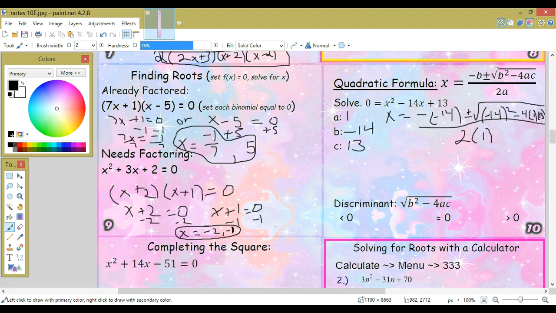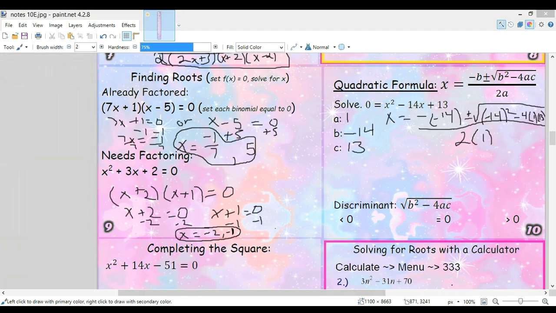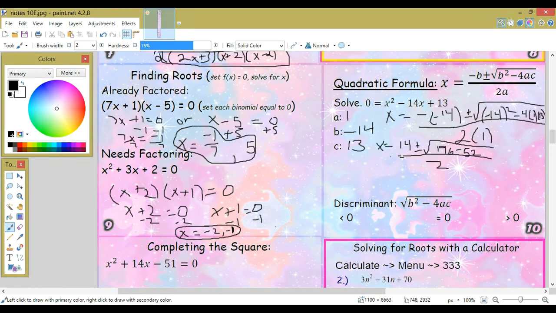Make sure you put the parentheses and everything. If it wasn't for these parentheses, you might not remember that there's 2 negatives here, which makes it a positive. So after you simplify it a little bit, change negatives to a positive, multiply, you should get x equals positive 14 plus or minus the square root of 196 minus 52 all over 2.